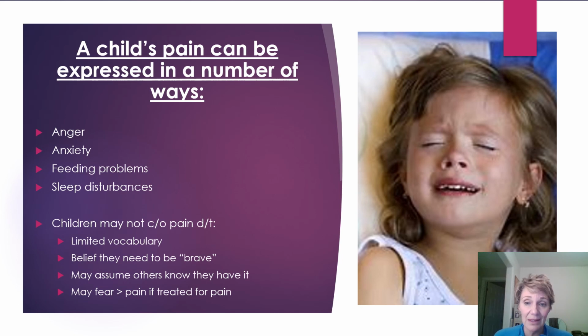So they don't say anything because they think we all know. And finally, they may fear that if they complain of the pain, the treatment we may use may cause them more pain. Maybe we'll have to put an IV in. Maybe we'll have to put a TENS unit on. Maybe we will have to give them a shot to help with that pain. So the fear of some pain that could be worse may prohibit me from complaining of the pain I have now.